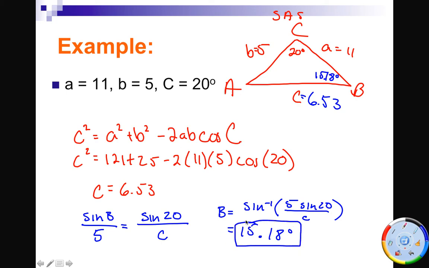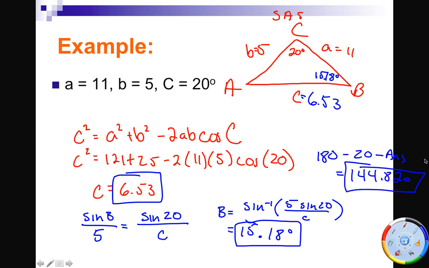And obviously from there I have two angles in a triangle, so I'm going to do 180 minus 20 minus my answer, and I get 144.82 degrees.